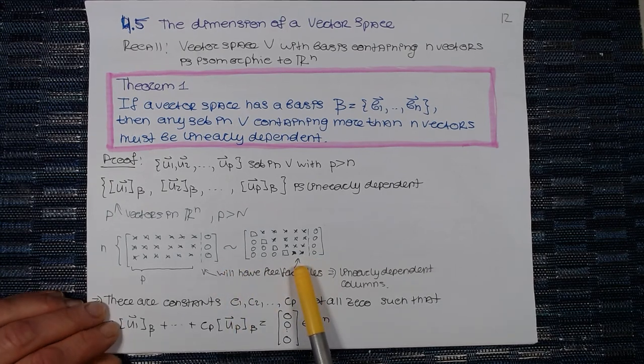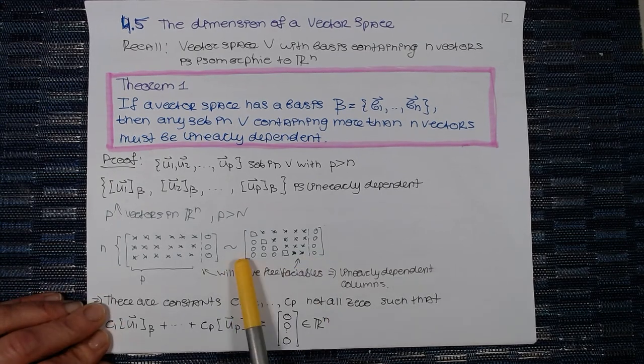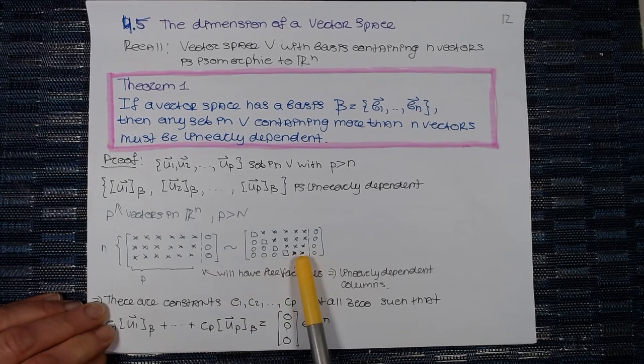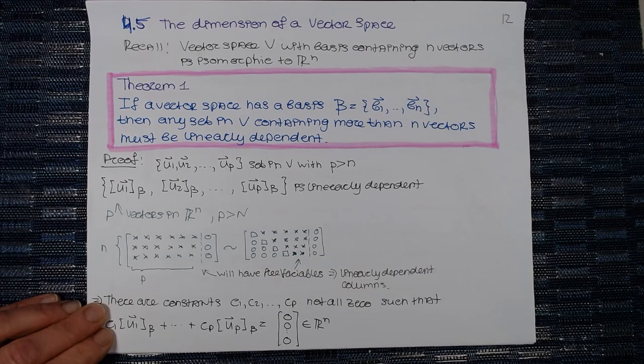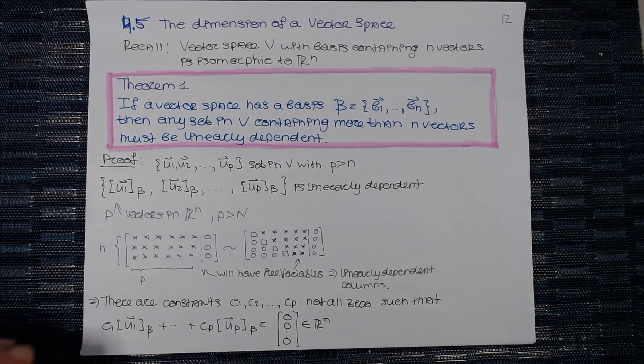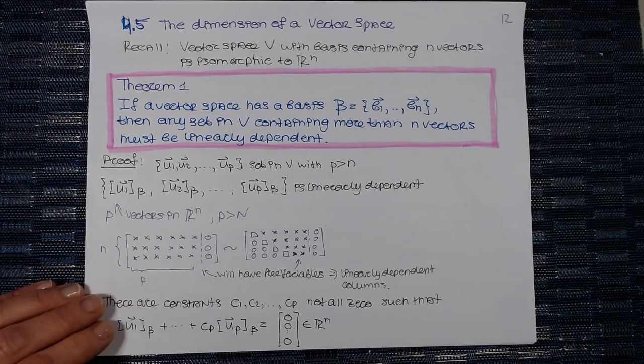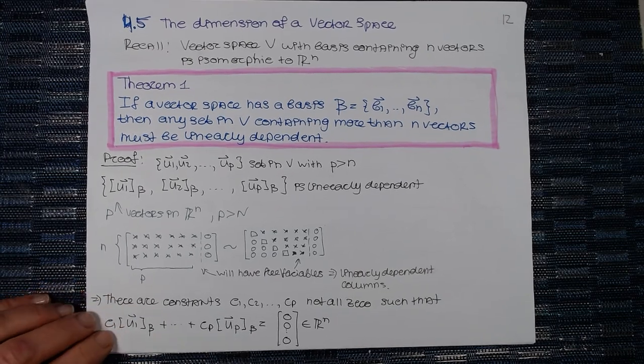I will definitely have free variables, right? The number of columns greater than the number of rows, I will have to have free variables. And if I have free variables, then my set will be linearly dependent. My columns will be linearly dependent.